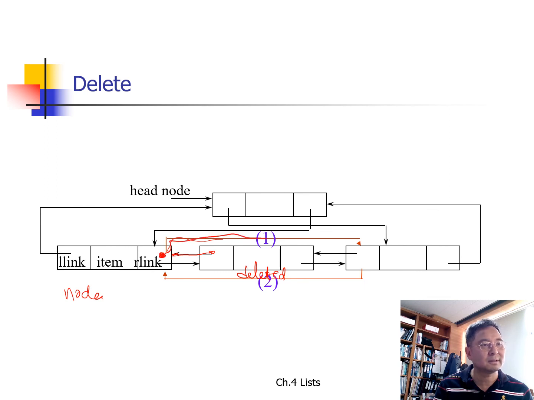So this is the first assignment, and deleted R link L link, this one becomes deleted L link, second one. Okay, so that's the same figure of the previous slide. Okay, that's all about delete operation. And that's all about doubly linked list.